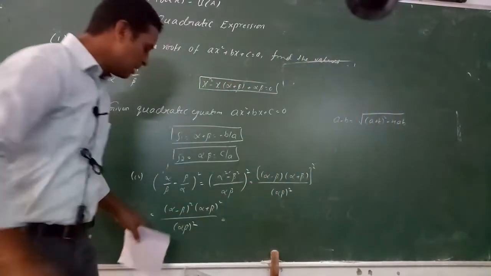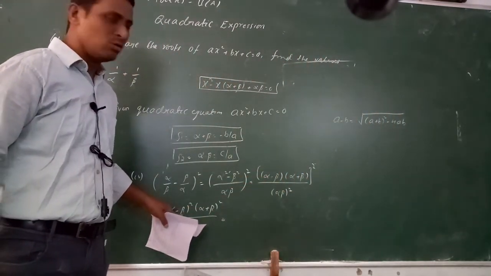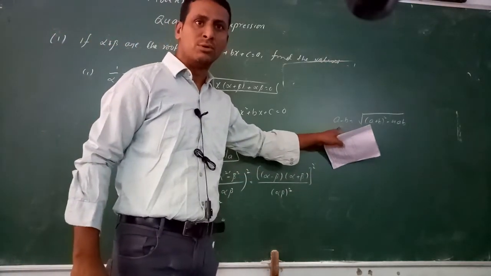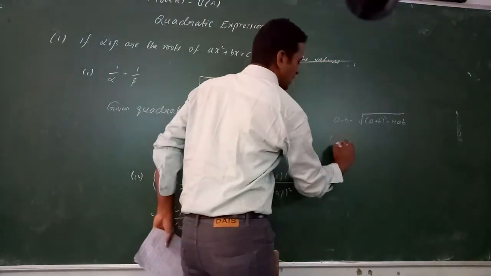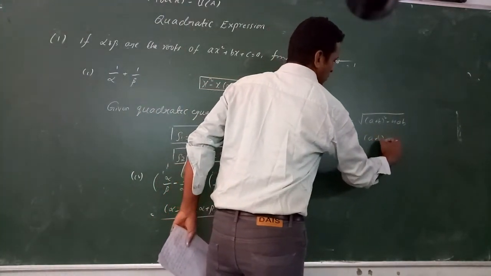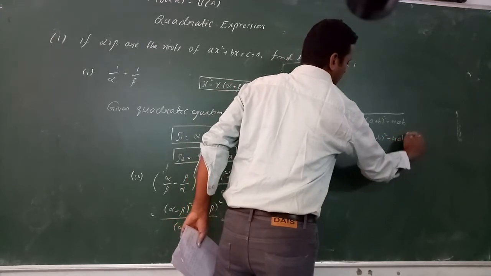So a minus b whole square is equal to, squaring on both sides, a plus b whole square minus 4ab.